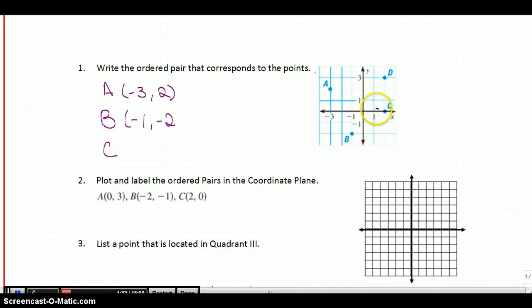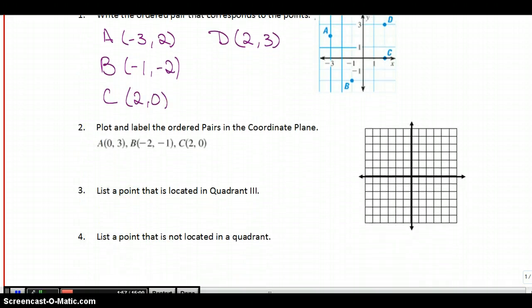Point C is 2 over, 2 up 0, so that's the point 2, 0. And point D is 1, 2 up to 3. So to the right 2, up 3.